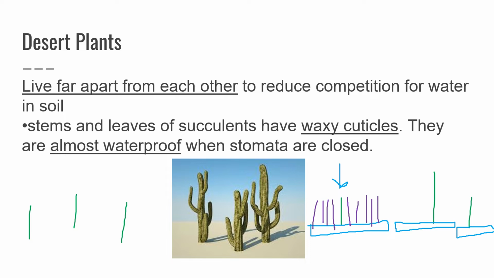There's not enough water for all of these cacti to get what they need to survive. So desert plants grow very far apart from each other so that there's not any competition. Now this one little cactus gets all of that water in the area. So that's another way they can adapt to survive.